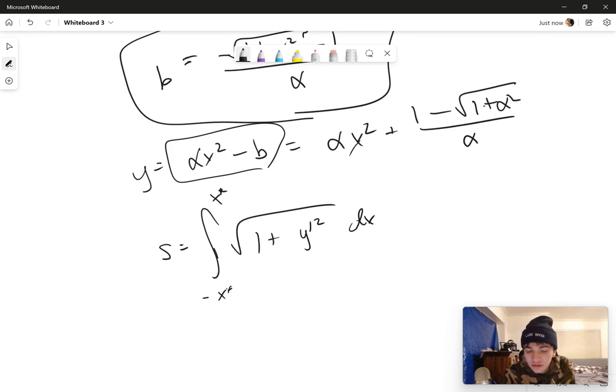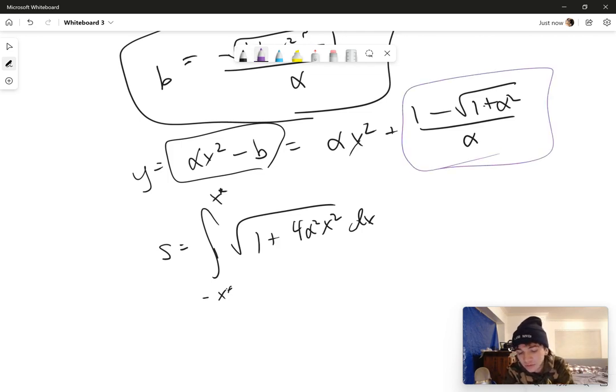And now I can plug in my value for b, okay? And it is going to be kind of gross, okay? But the point is that these bounds are now much more fixed, okay?